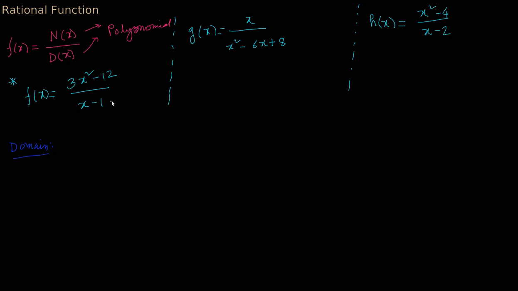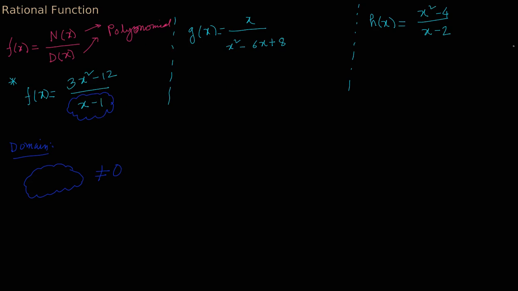Now let us look at the denominator here, which is x minus 1. Whatever is inside the denominator cannot be equal to 0, because then the denominator is 0, and denominator 0 means I cannot evaluate the function.